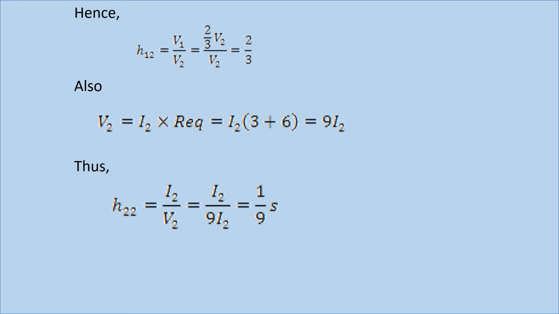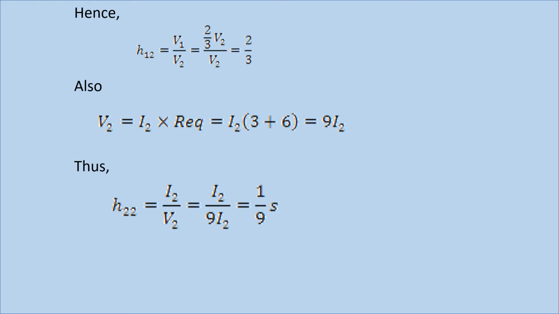Open circuit in the sense that our current is equals to 0. Open circuit because our input current I1 equals to 0. So from that formula, I can easily calculate for my V2.